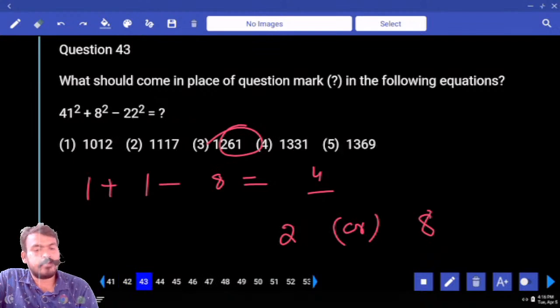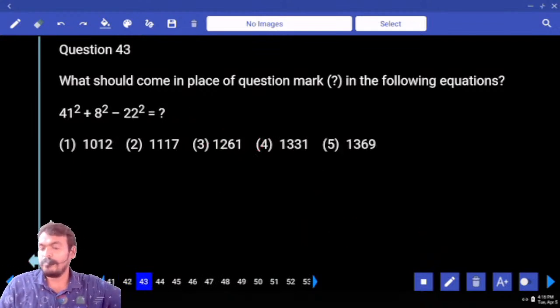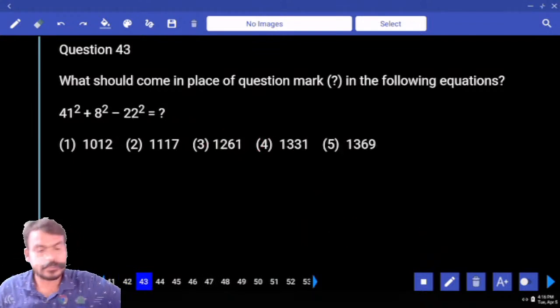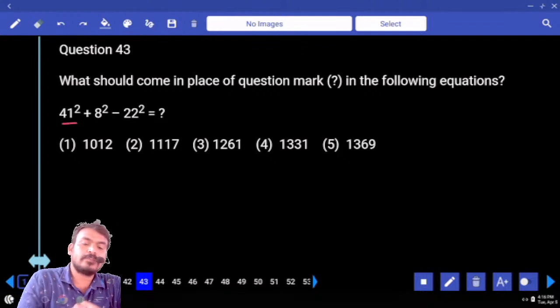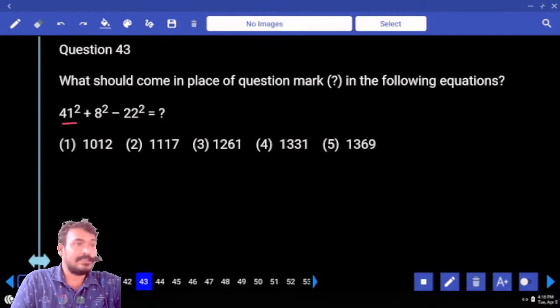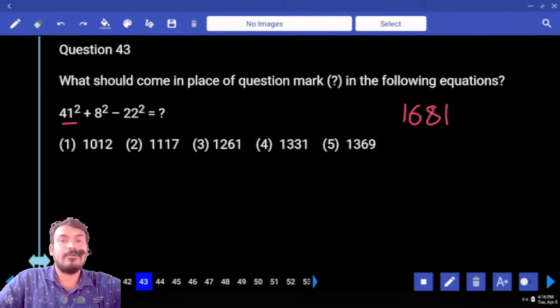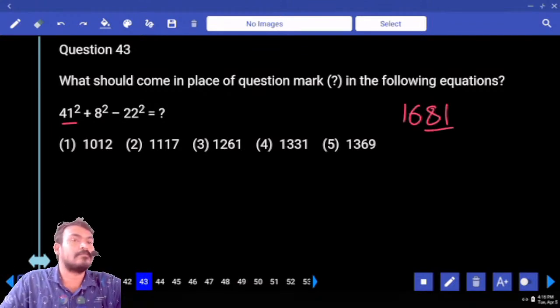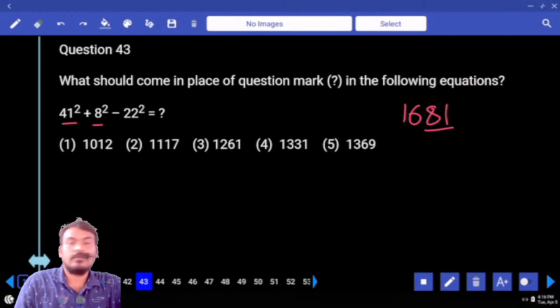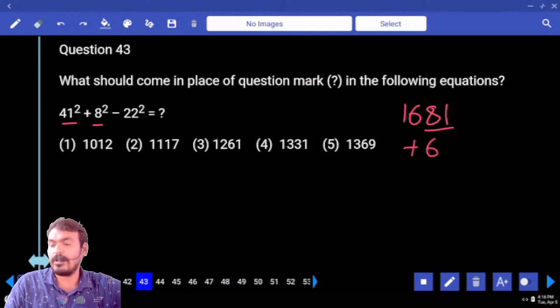Next question number 43. Verify the last two digits. What is the 41 square? 1681, ending with 81, or not? What is the 8 square value? 64 plus 64, or not?